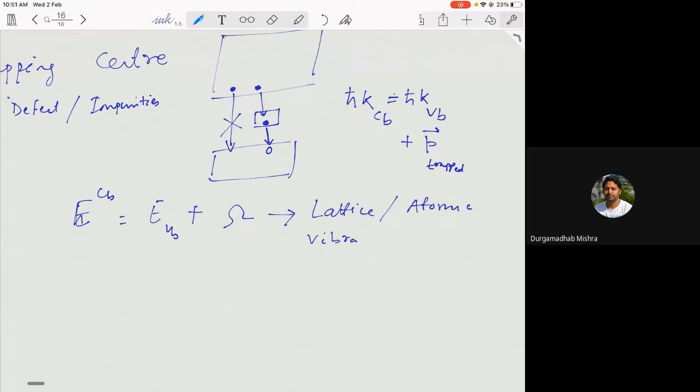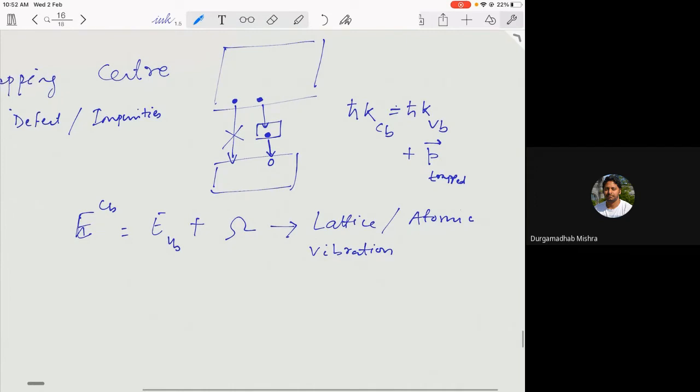So it is not released as light or a photon, because the energy is much lower. So it is not a direct photon generated in the recombination process. So this is your indirect band gap semiconductor.